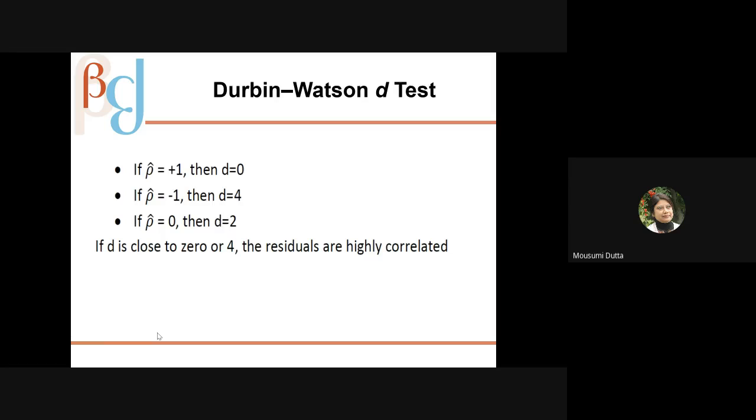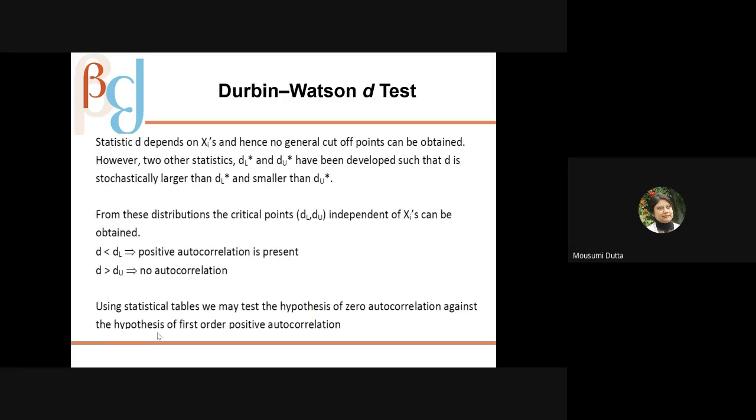If it is not 0, however, it is below DL, in that case there is positive autocorrelation. So this norm is followed.